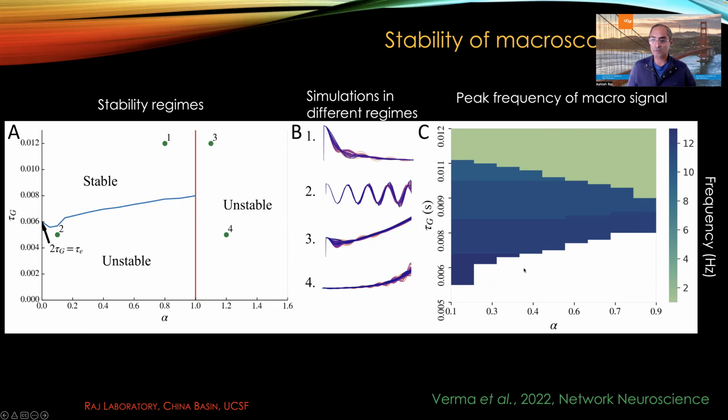So the point here is that these two macroscopic model parameters are able to produce a wide variety and richness of spectral responses at different peaks of frequency, in this case shown at the alpha band, while staying in a stable regime.